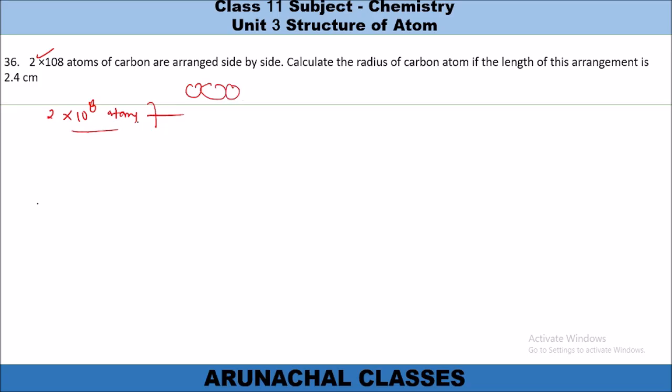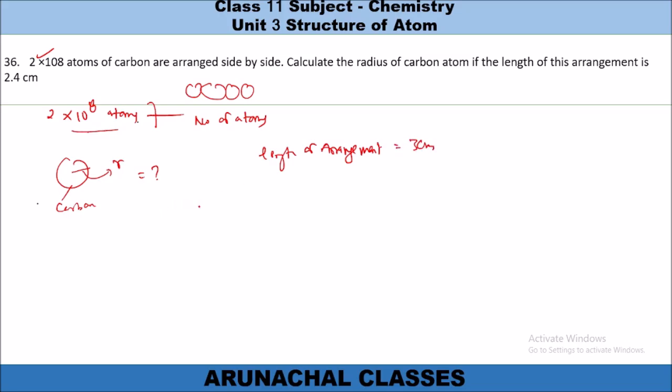Now we have to calculate the radius of the carbon atom, if the length of the arrangement is given as 3 centimeter.